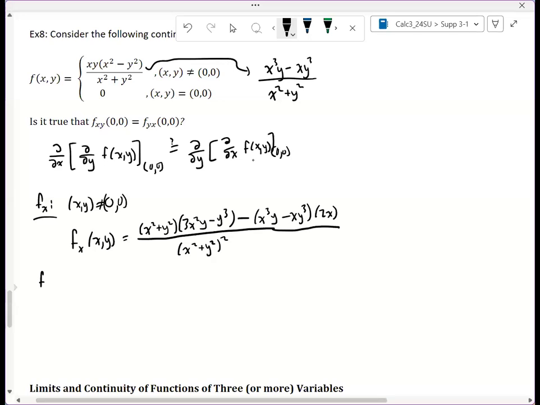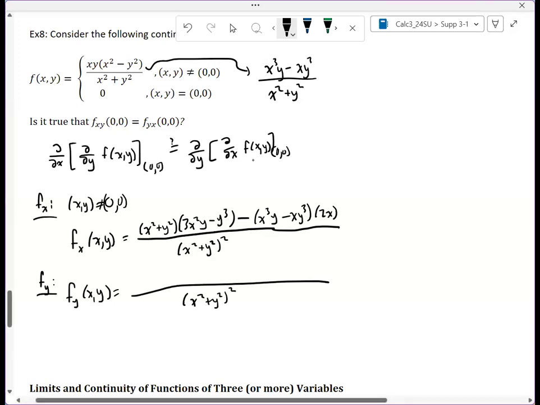And then let's look at df dy as well. Again, when xy is not 0, 0, doing df dy, we have a similar setup. We need to square the bottom. We get bottom times the derivative of top with respect to y now.